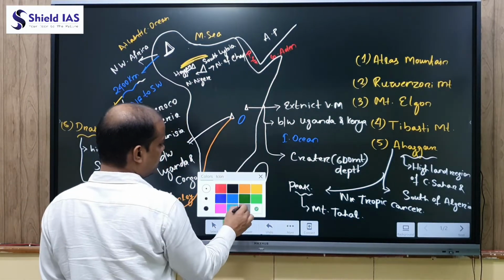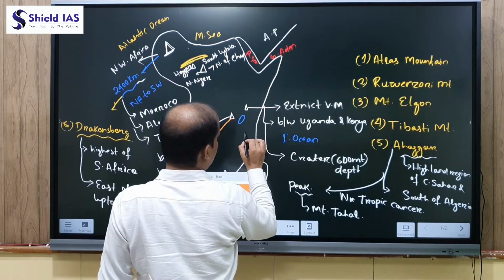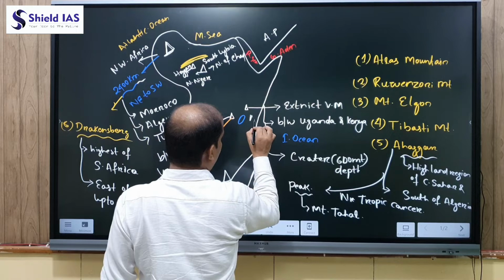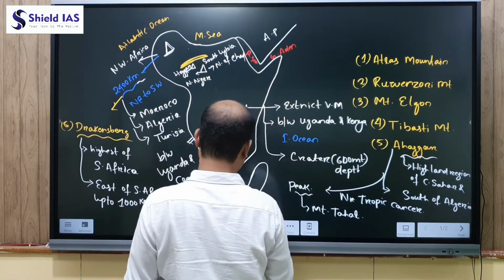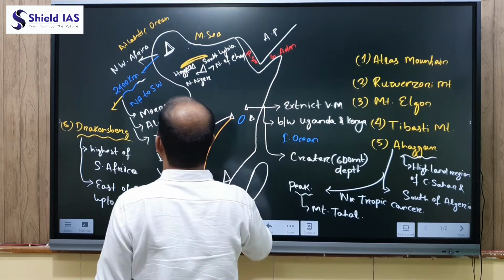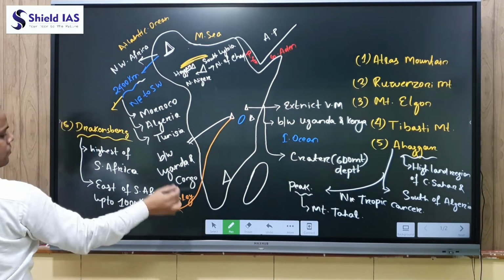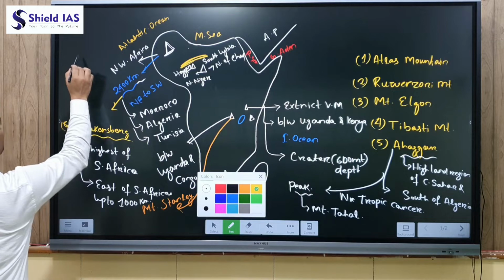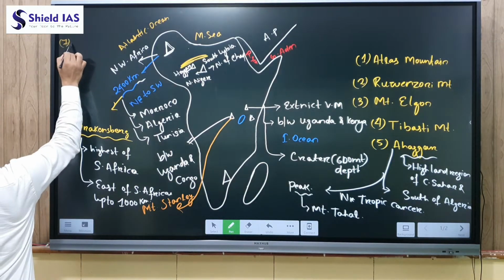And the next mountain is Mount Kenya. Seventh mountain is Mount Kenya.